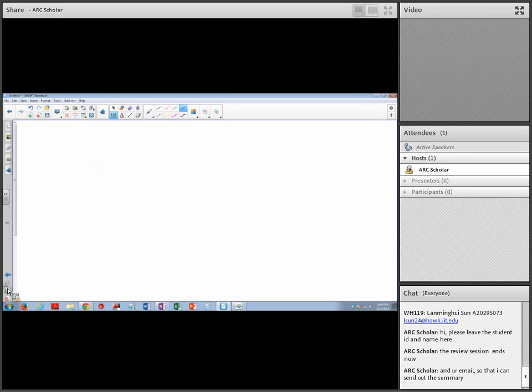Next, after you calculate the centroid, you will need to find the moment of inertia. For a square like this, this is h, this is b. The I is basically 1/12 b h cubed.